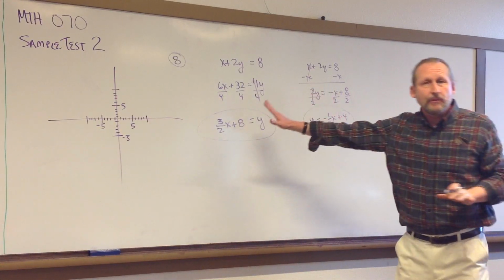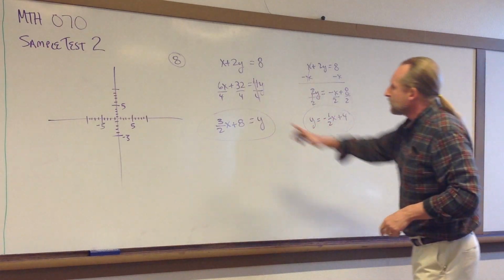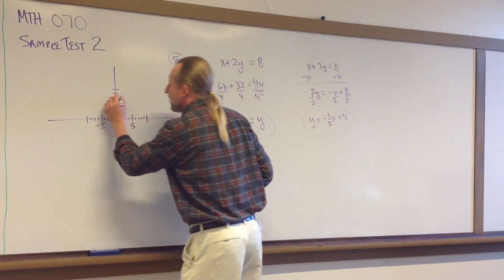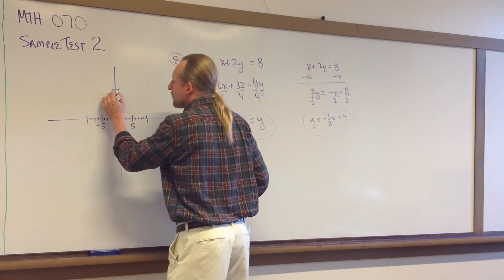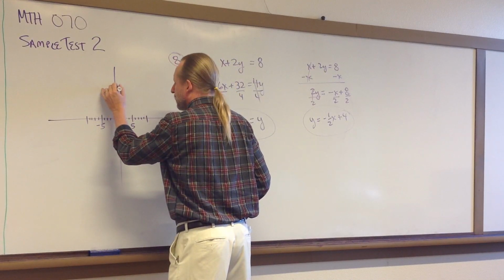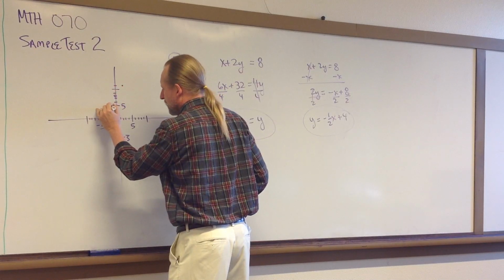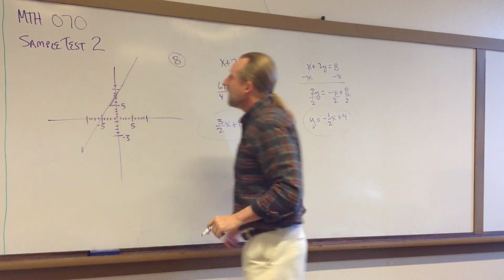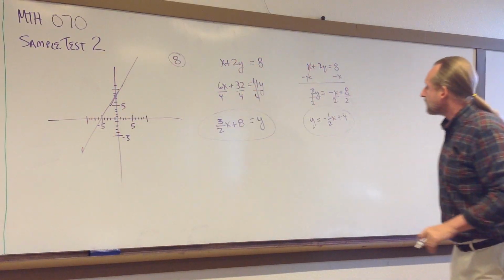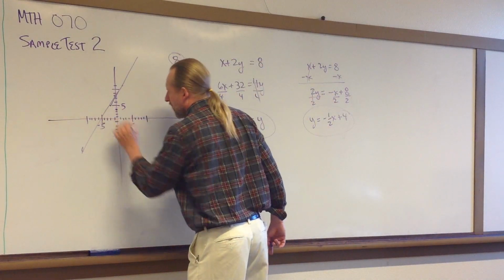All right, so now we've got both equations in slope-intercept form. This one has a y-intercept up at 8 and a slope of positive 3 over 2. So if I go up 3 and over 2, I can go down 3 and back 2 as well. And that'll give us a line that looks something like that. This one has a y-intercept at positive 4.